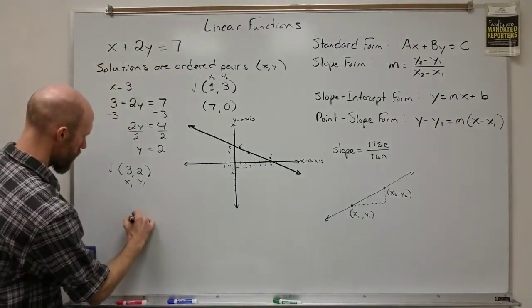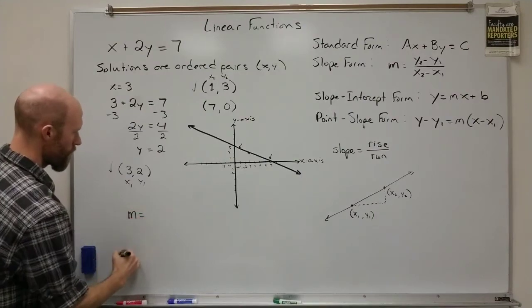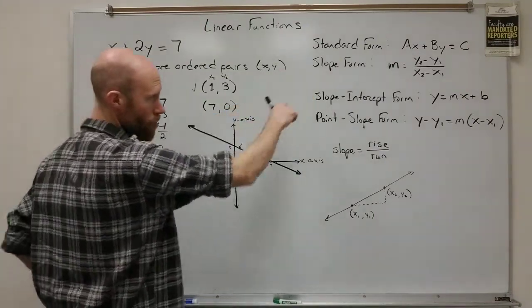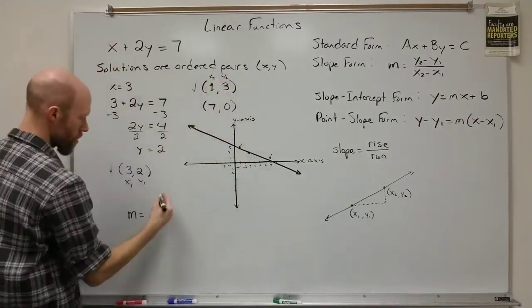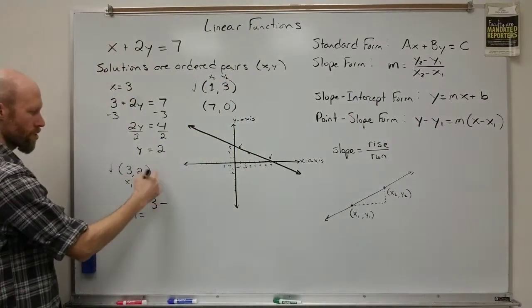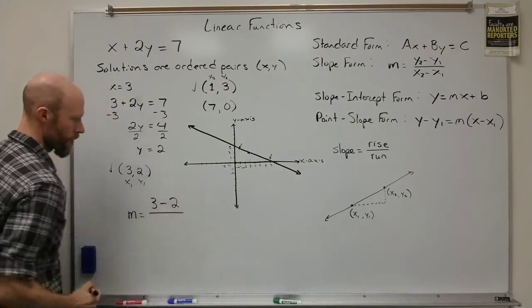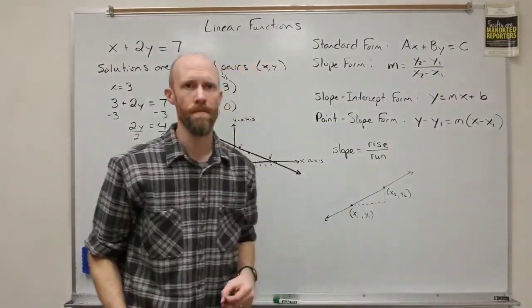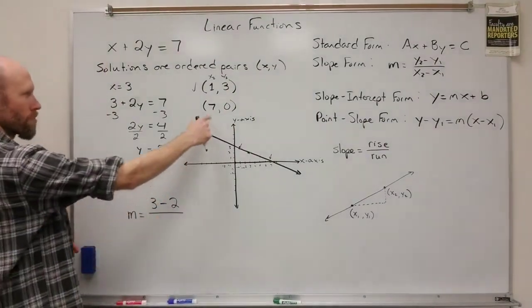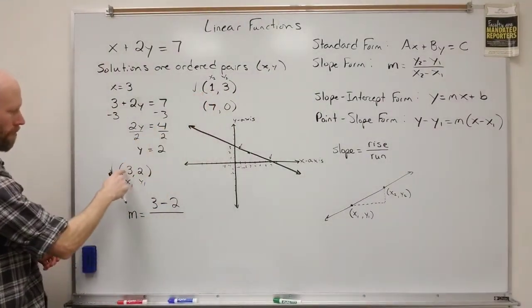So here I would say that the slope M is equal to y2 minus y1. That would be 3, because that's the y2, minus 2, which is the y1. And then on the bottom I have x2 minus x1. Correspondingly, that's going to be 1 minus 3.